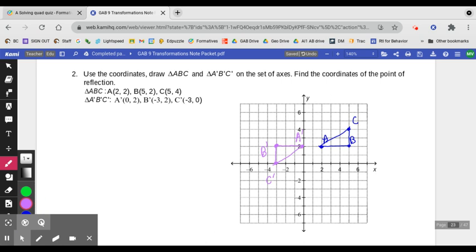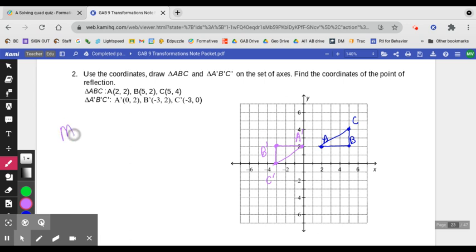So our job, after we plot those two triangles, is to find the point of reflection. So I'm going to use A and R as my guide. So A to A prime, our midpoint, because that will always be the point of reflection, is the midpoint.